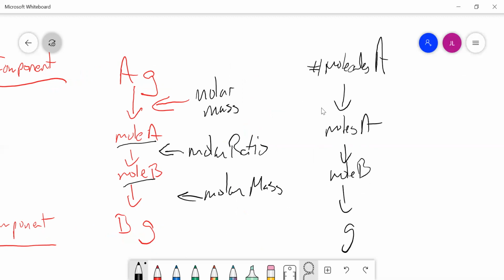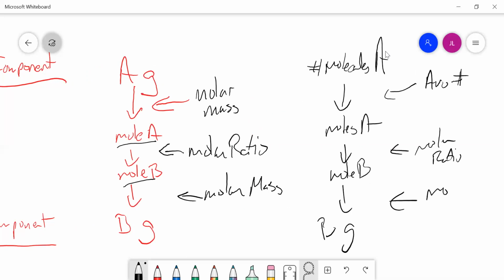Let's see, maybe we're looking for grams of B. So in this case, we're going to use Avogadro's number. And then we'll use molar ratio as our conversion factor. And then finally, we're back to using molar mass.